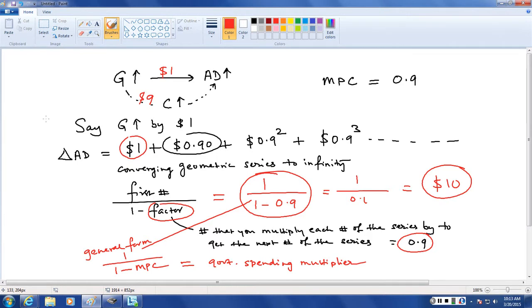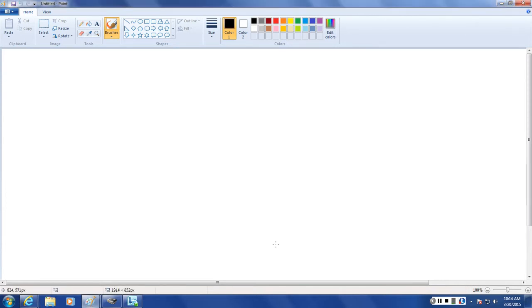Now let us say that we have a case where the government is increasing its spending, not by $1, but by some other figure. Let's say $125 million. Okay? So let me give you this little math problem to do. First I'm going to give you a value for the MPC. I'm going to say MPC 0.6.